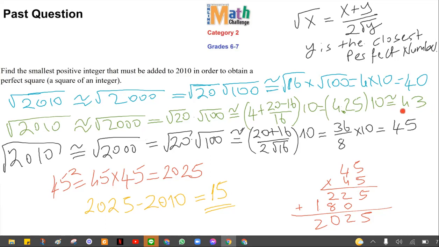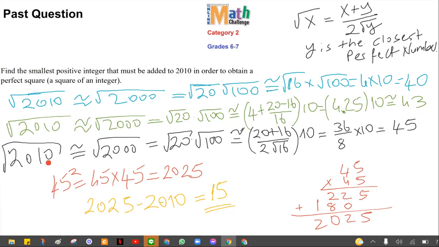When you round it, you get 43. If you check the square of this, it is still smaller than this number, but closer than 1,600. So you realize that you need to check other numbers bigger than this. Then you can check 44 and 45.